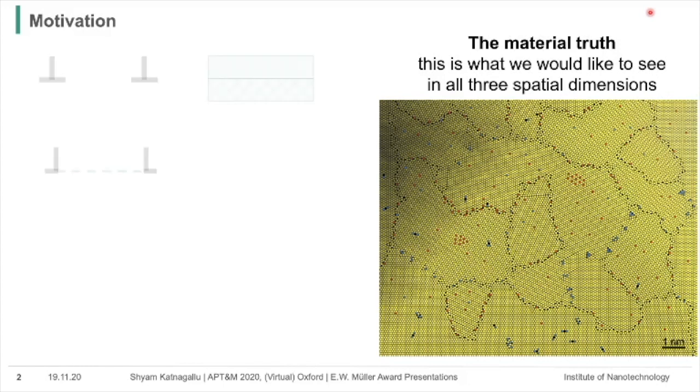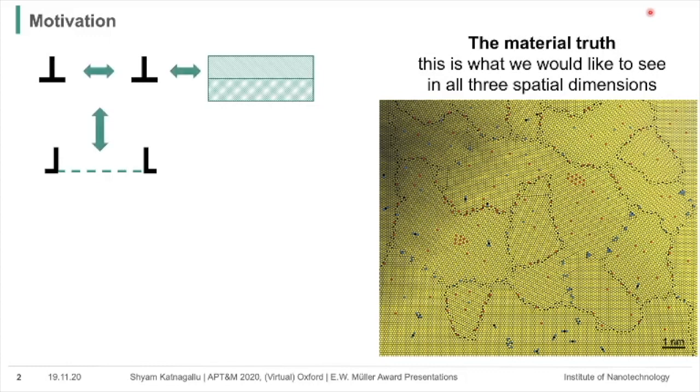Now, there are many types of crystalline defects like dislocations, stacking faults, twins, grain boundaries, interfaces, vacancies, and any material property would be actually governed by how these defects interact with themselves and how they actually interact with any sort of solute elements which you put into your material.